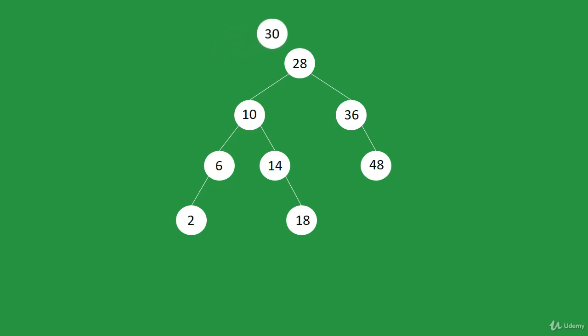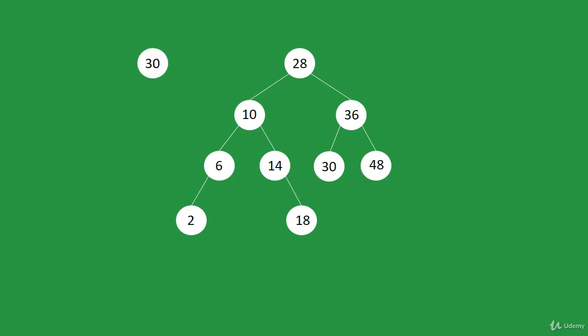Let's do this. 30 is bigger than 28, so we go right. 30 is smaller than 36, so we go left. But there's no node, so we set 30 as the left child of 36. And we are done.